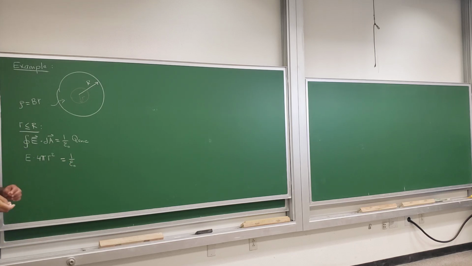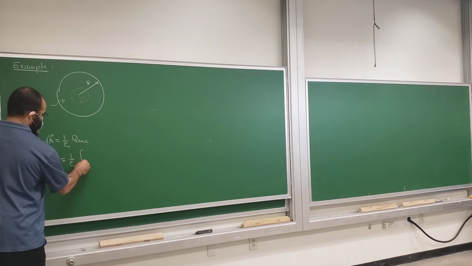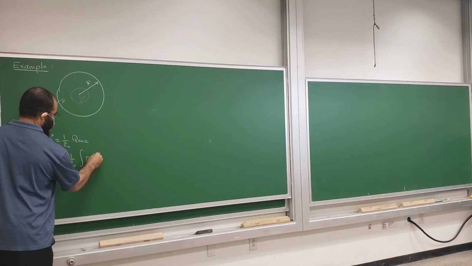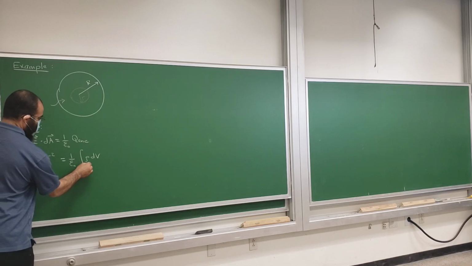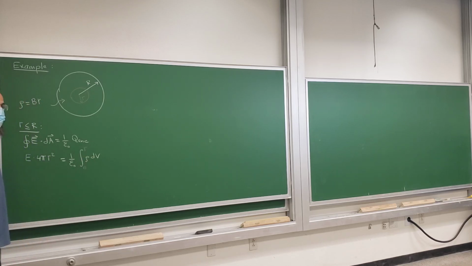Earlier, with the uniformly charged sphere, the charge enclosed was rho times the volume. But rho is not uniform, so this has to become an integral: rho dV, where dV is the volume. That's the difference. Our integral goes from 0 to little r.